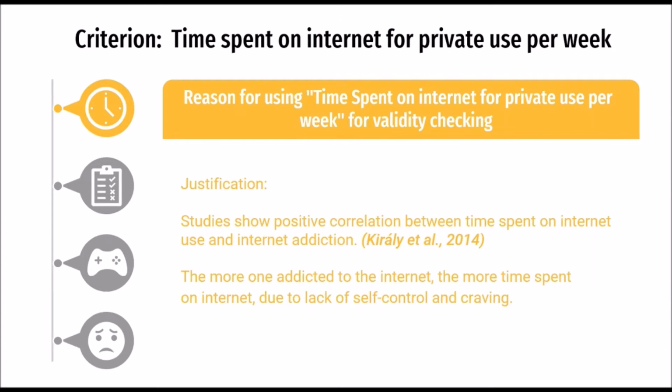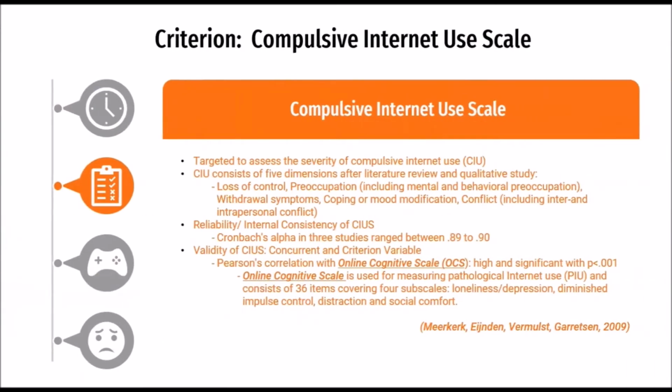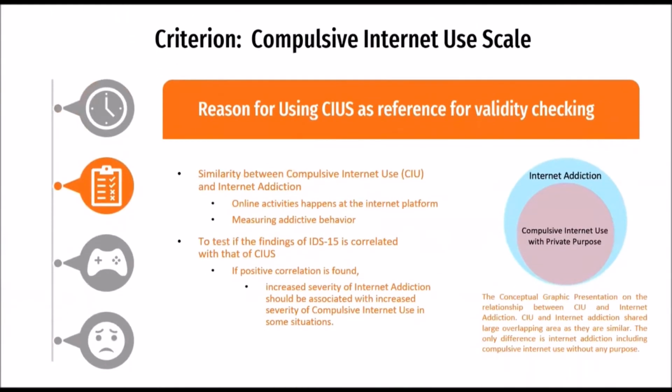The second criterion is the compulsive internet use scale, CIUS, which is used to assess the severity of compulsive internet use. It has excellent reliability and high validity with significance at p less than 0.01. CIUS is used for validity checking because of the similarity between compulsive internet use and internet addiction.